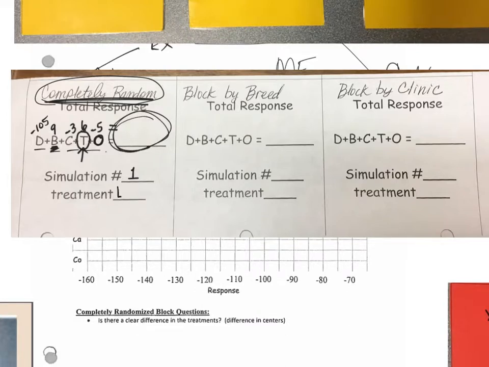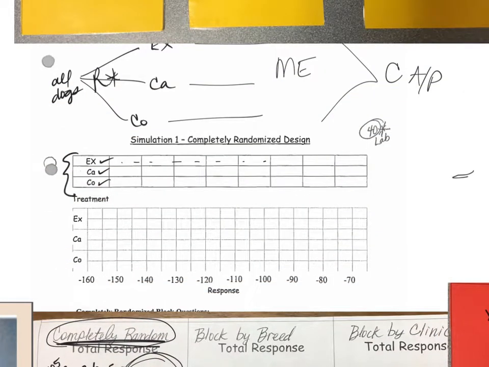Our treatment was exercise and calcium. So let's add those together and get our number. This gives us a sum of negative 98. So we're in the exercise group, and our number was negative 98.